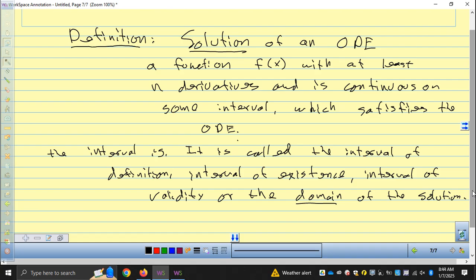So we say the interval of definition for that solution is -1 to 1. And we'll see where that happens when we actually start solving these. When we start solving equations, it'll ask us to find the solution and define the interval of existence, or the interval of definition.